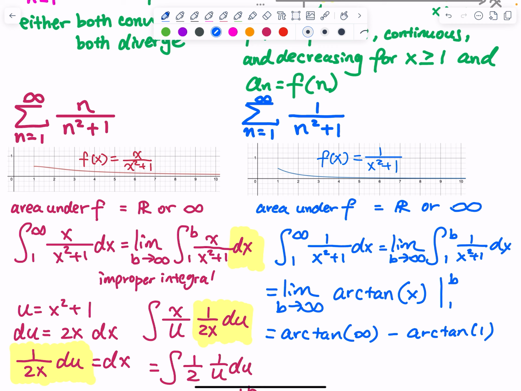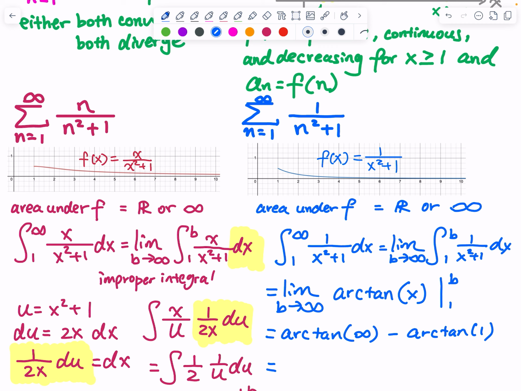What is arctangent of infinity? We need to recall the graph of it. If you still remember the graph of arctangent, which is very popular in integration, arctangent has two horizontal asymptotes. When x approaches infinity, we have a horizontal asymptote at pi over 2.